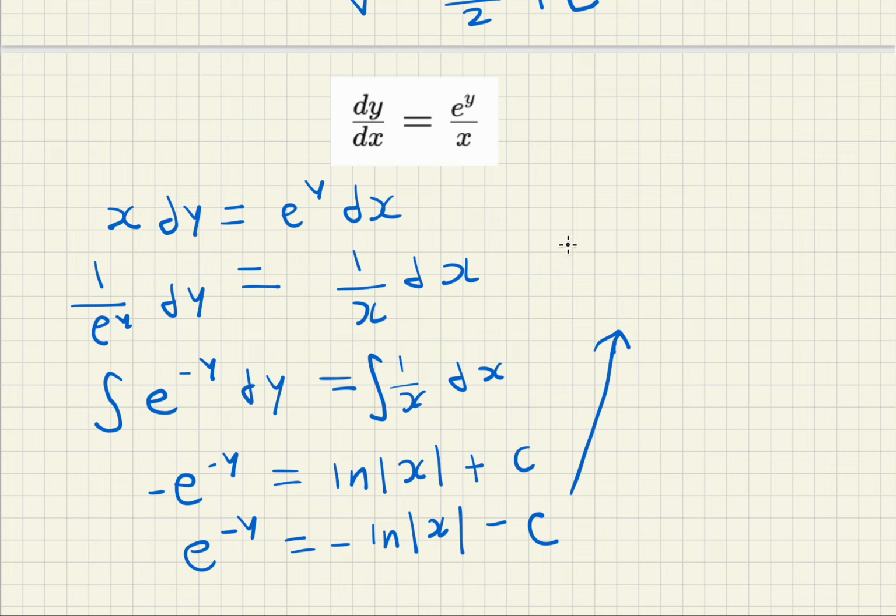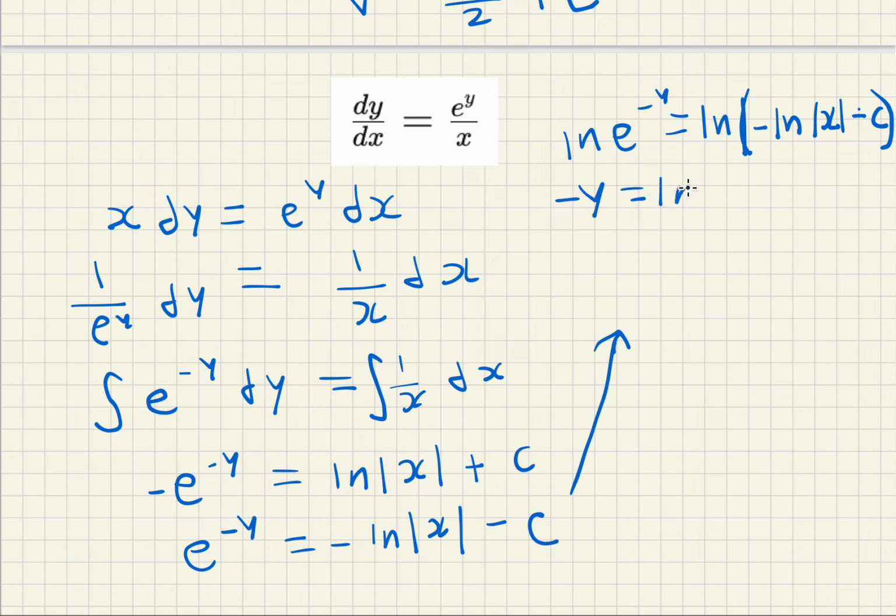So if you take the natural log on both sides, you'd get natural log of e to the power of negative y equals natural log of the negative natural log of x minus c. And so natural log of e to the power of negative y, that's just negative y.